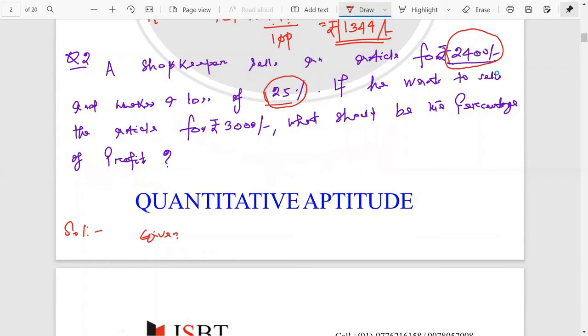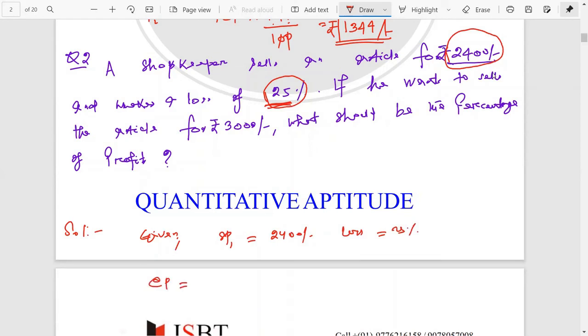Because it loses 25%. Okay, so you can write given selling price दे दिया 2,400 रुपया and loss also given 25%. So what should be the cost price?